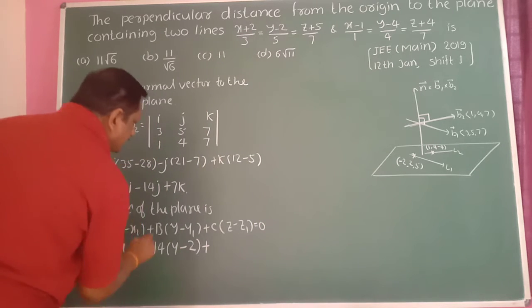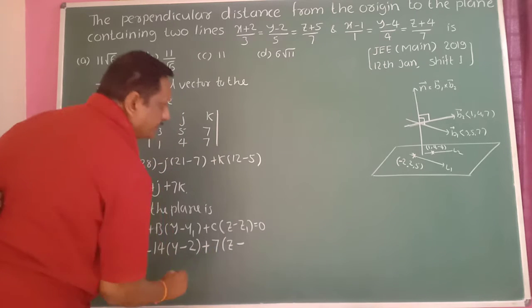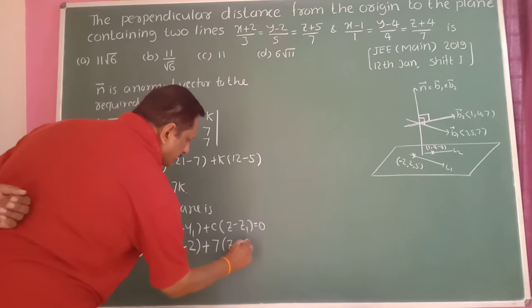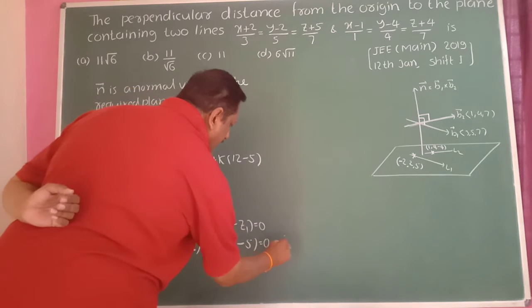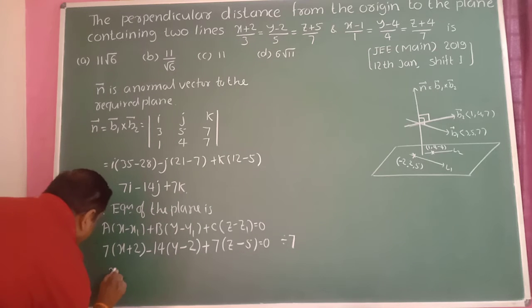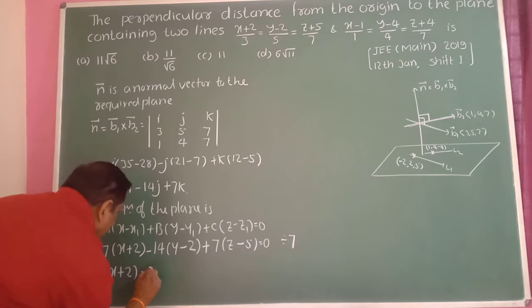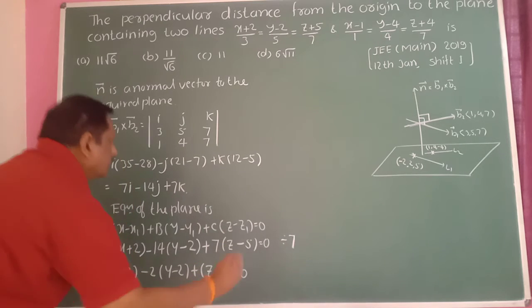Then plus c is 7, so 7 into (z minus z1). That is equal to 0. Then dividing both sides by 7, we get (x plus 2) minus 2 into (y minus 2) plus (z minus z1) equal to 0.